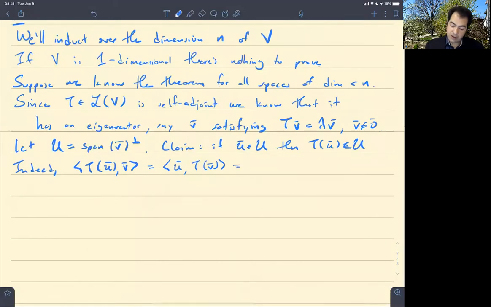And I know that v is an eigenvector, so T(v) = λv. And I know that u and v are orthogonal to each other, so that's equal to 0. And just for emphasis, this shows that T(u) is an element of capital U.